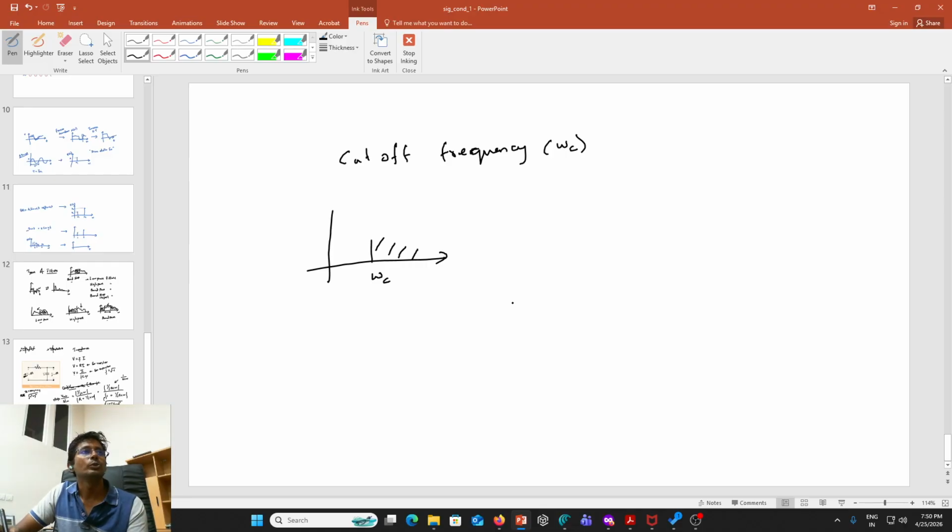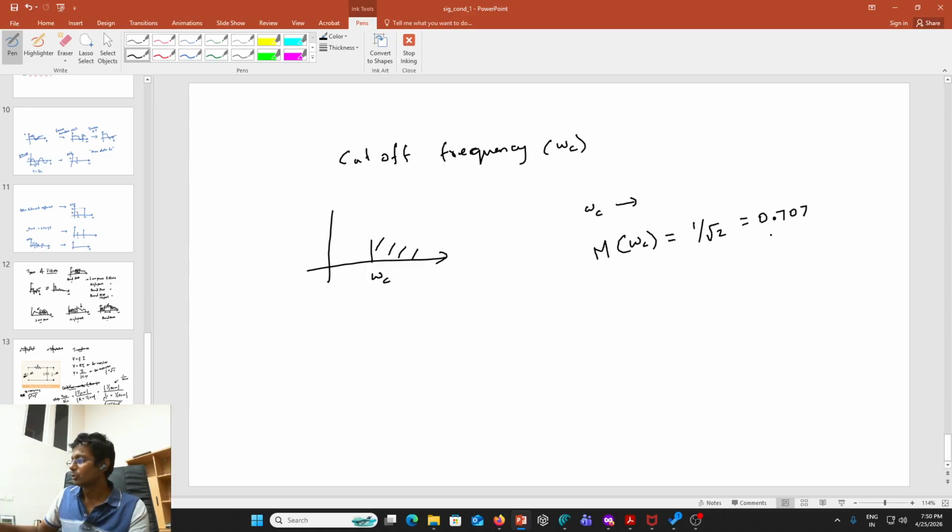So in RC filters, what do we mean by cutoff frequency? The magnification factor at the cutoff frequency is 1 by root 2, or 0.707. So this is the cutoff frequency.